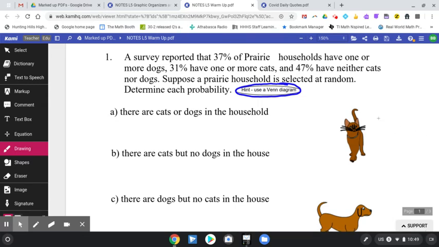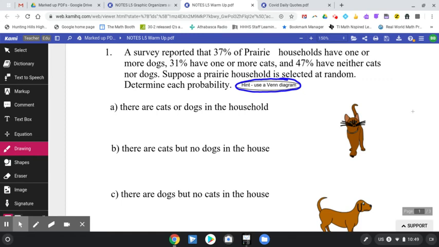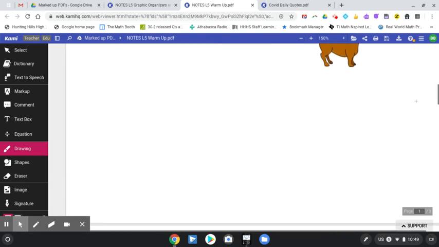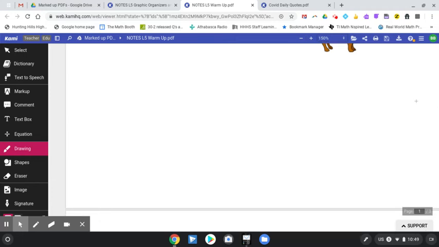So we have to see the information that is up above, and then use that information below. So hopefully you've printed these blank notes off, and that you're working along with me, taking notes as we go. So I'm going to get my Venn diagram going.